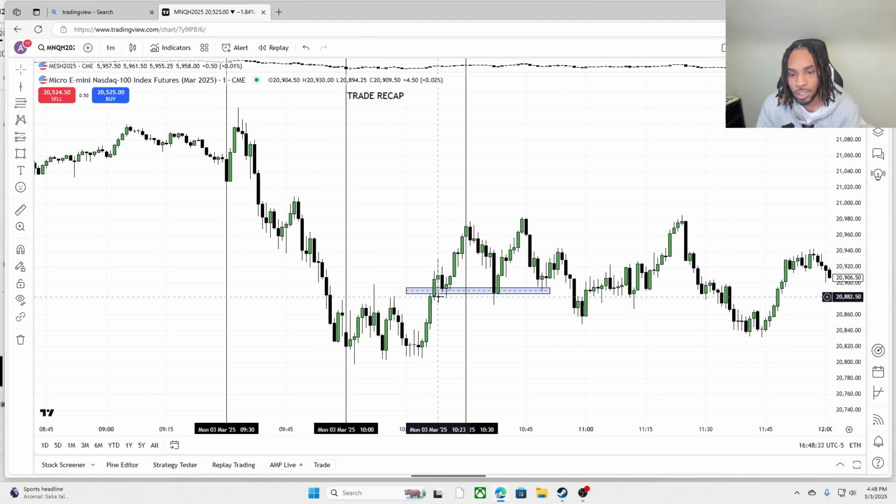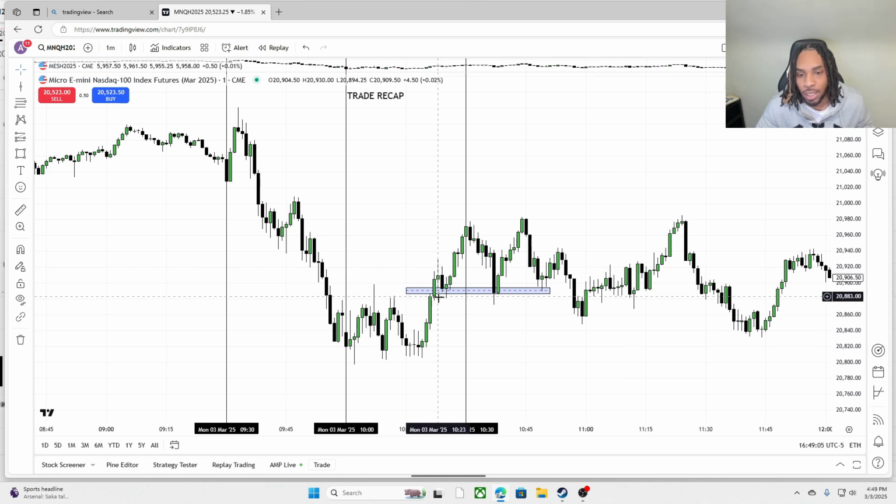So like I was saying, the reason why I don't want to see this fair value gap traded into is because I want to see price trade into this fair value gap, because this fair value gap got traded into at 10:25. So that means price is in a hurry to run to its target before they change the next macro. I'm going to say it again. Price is in a hurry to run to its target before the next macro starts.